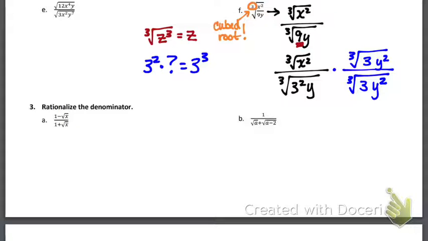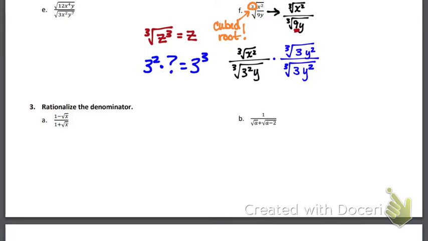So here's what I'm going to multiply by. Make my stuff a little bit smaller so that it fits on my screen. So up in my numerator, I'm going to have the cubed root of 3 x squared y squared. What will I have in my denominator?